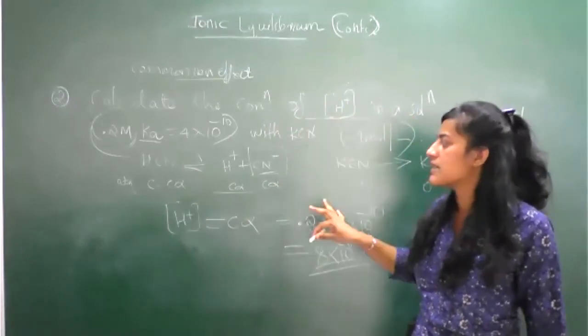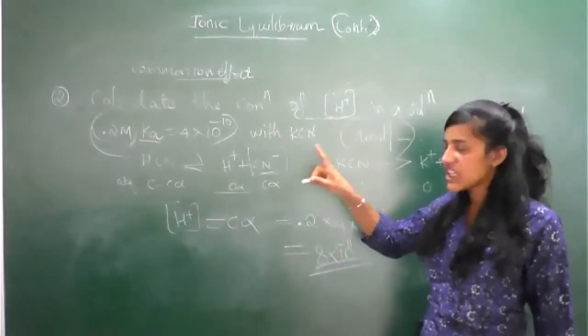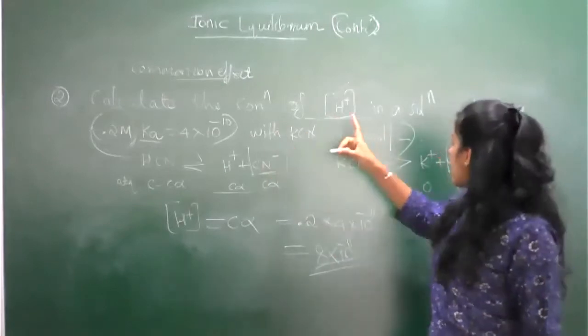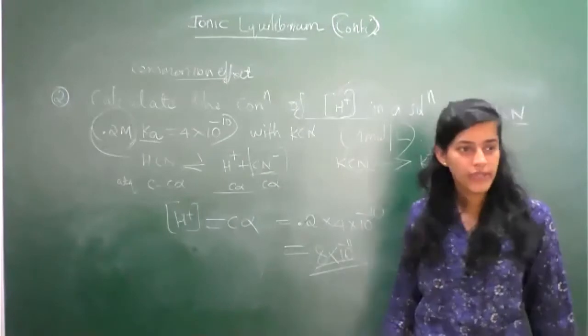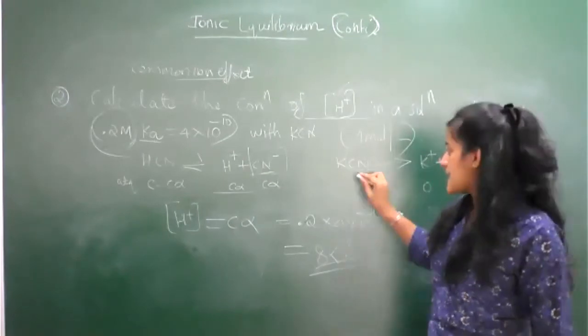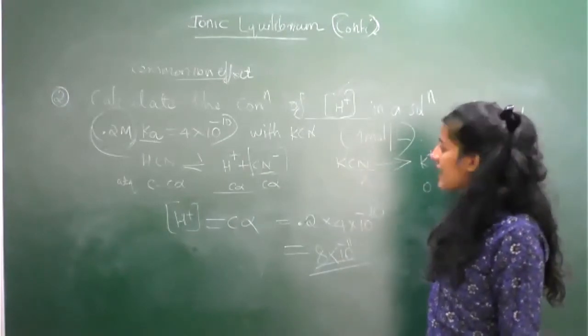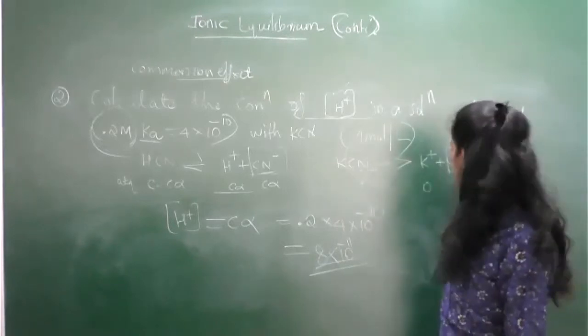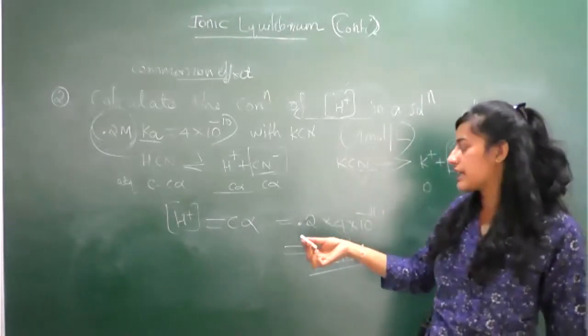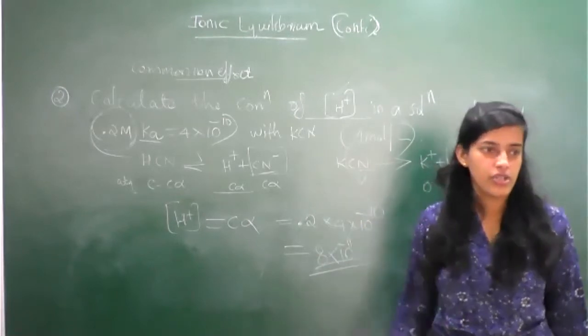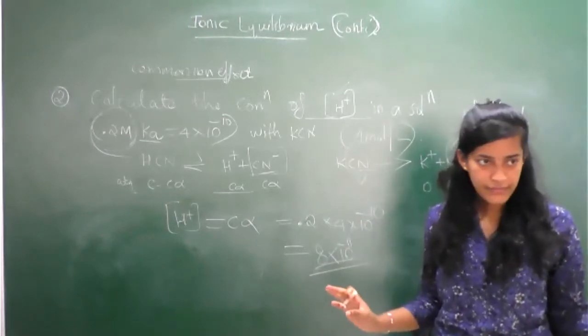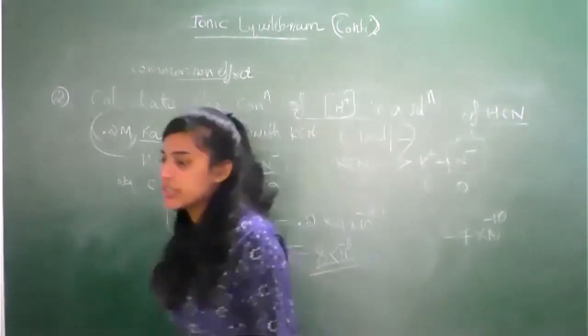Only a small difference: we want to consider the concentration on both sides, since it is completely dissociated. Take care of that. Okay, is it clear, any doubt? We can move to the next question.